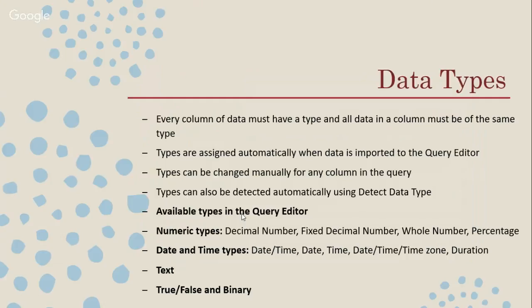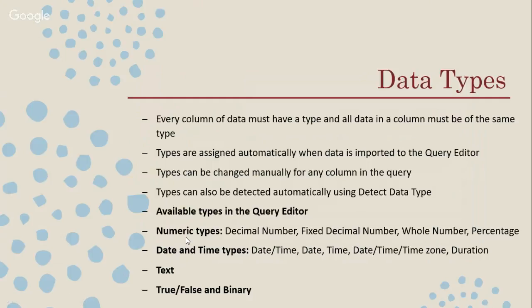The different data types supported by Power BI are numeric types: decimal number, fixed decimal number, whole number, percentage. Date and time types: date, time, date time, time zone, and duration. As well as text and binary data types. These are the data types supported by Power BI.